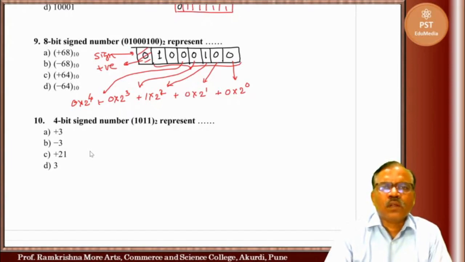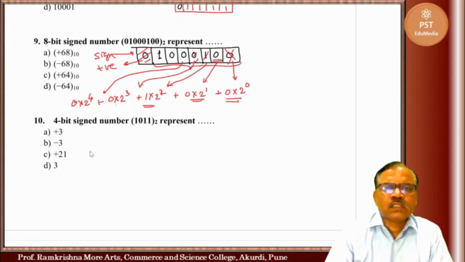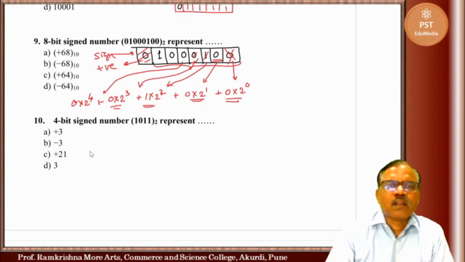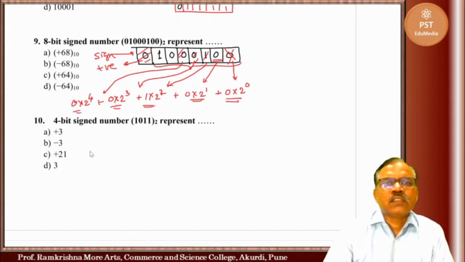Now for this plus 0 into 2 raised to 5 plus now for this 1 into 2 raised to 6.